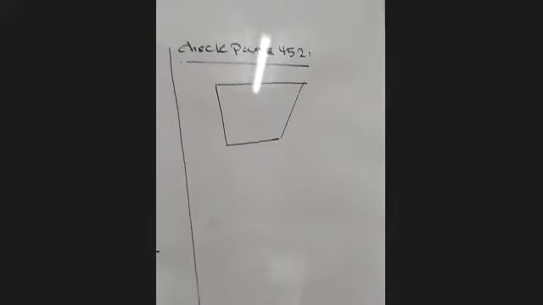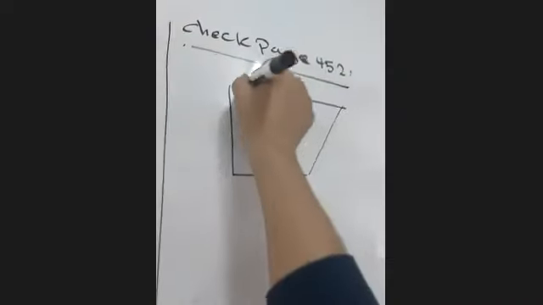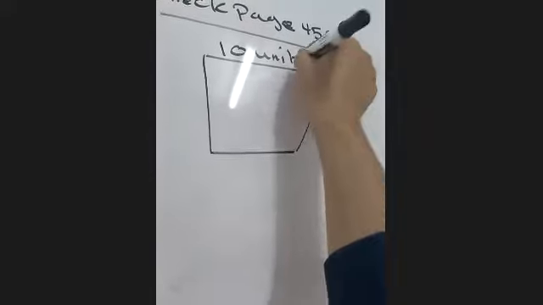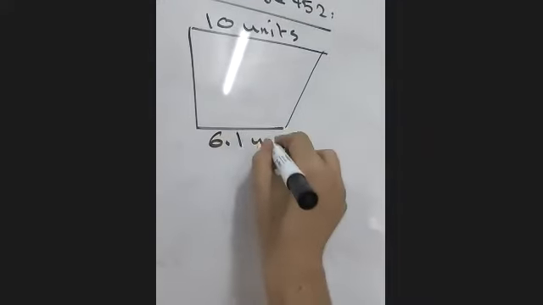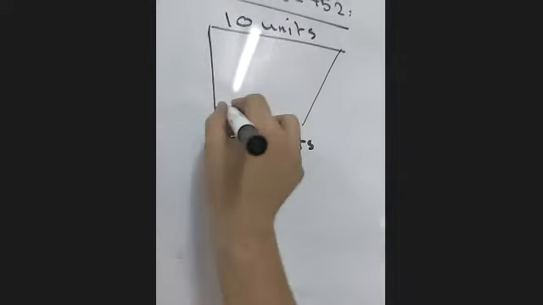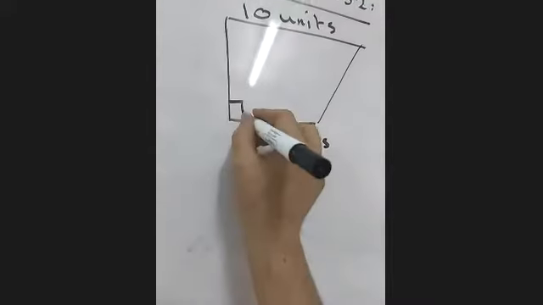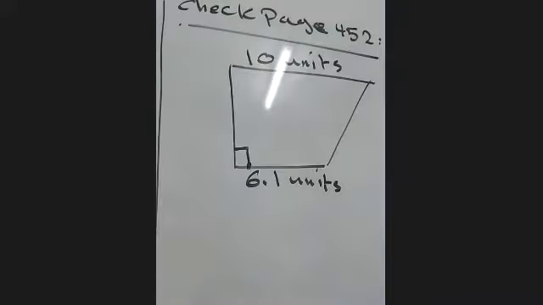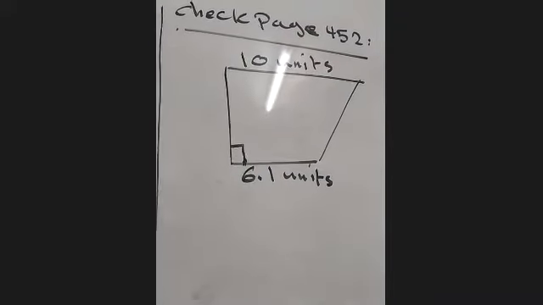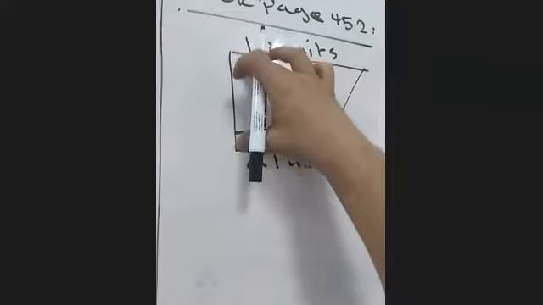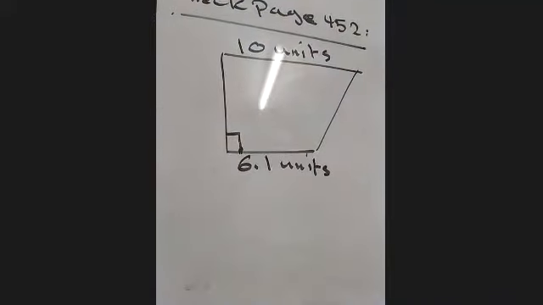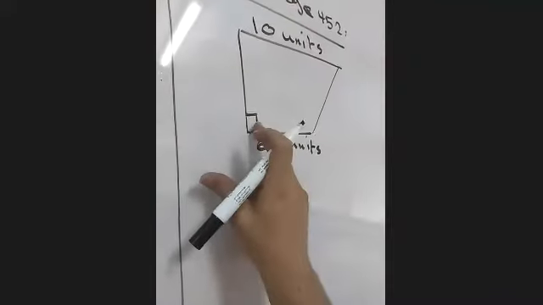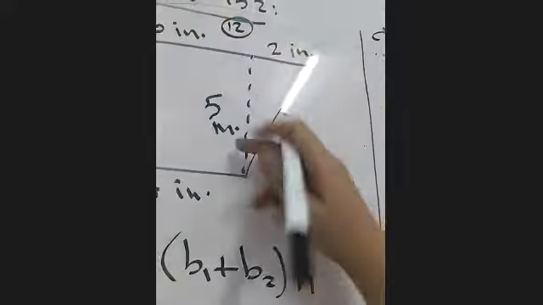The base is up 10 units, down 6.1 units. Here they put a right angle, which means this side, 9.7, is what? The height, because we have a right angle and it is one of the sides itself.